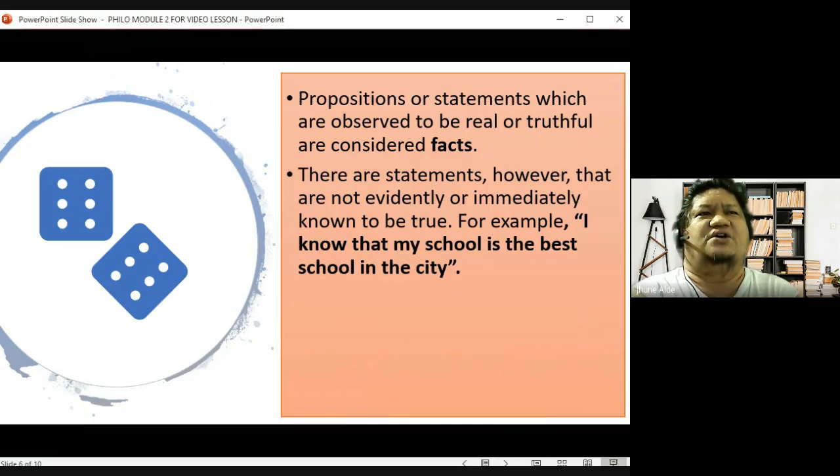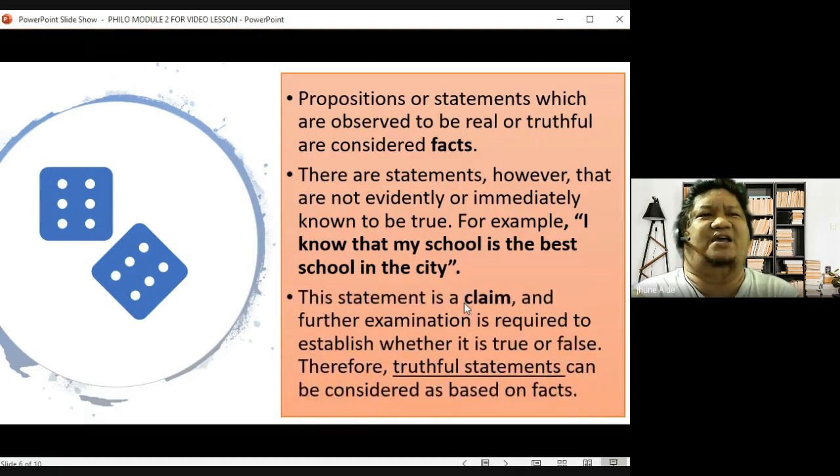So this statement cannot be considered as true since it is simply not immediately evident. So hindi natin siya pwedeng matawag na totoo or true agad siya. Why? Because this statement is a claim, and further examinations are required to establish whether it is true or false.